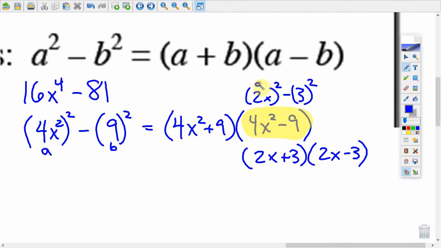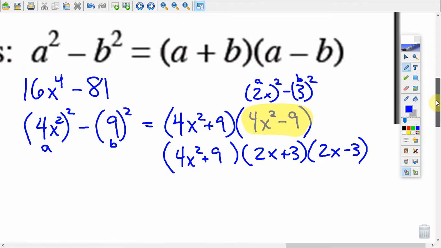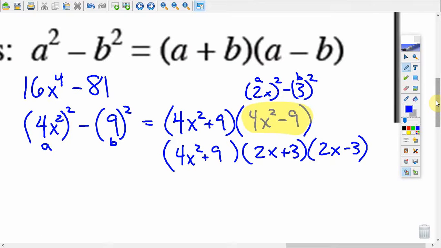Because this would then be my a and my b, and this would be a plus b times a minus b. Now, I haven't fully factored the equation yet because I have that 4x squared plus 9. And if I only factored it over the reals, then I would be done, but let's keep going.